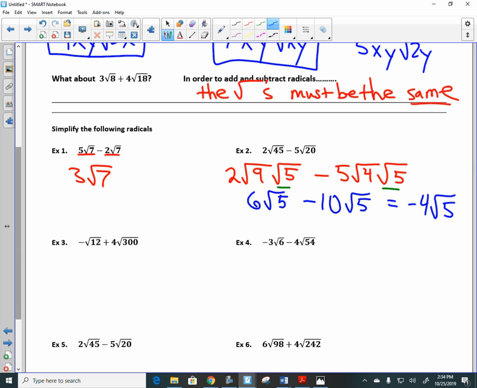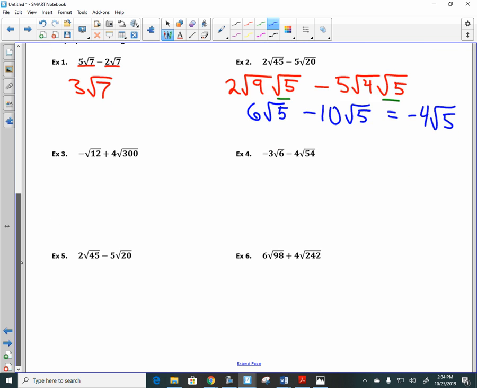Yep. Similar idea. Number 3, I have square root of 12 and square root of 300. Those are definitely not the same. What's a perfect square that divides evenly into 12? So I have square root of 4 times square root of 3 plus 4 times the square root of, what's a perfect square that divides evenly into 300? 100.